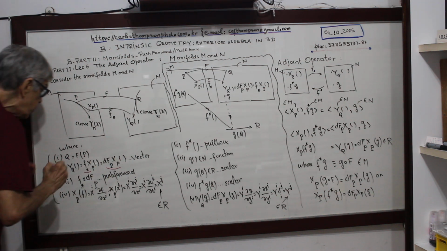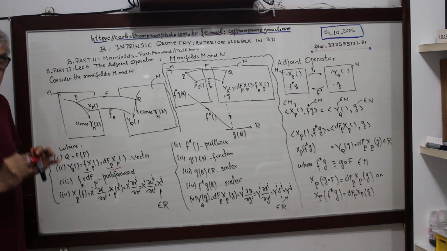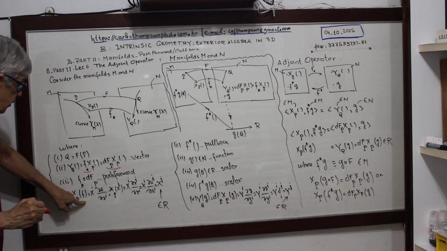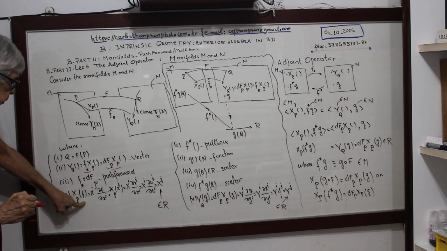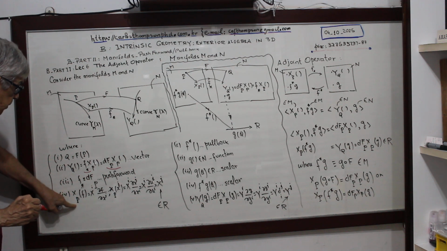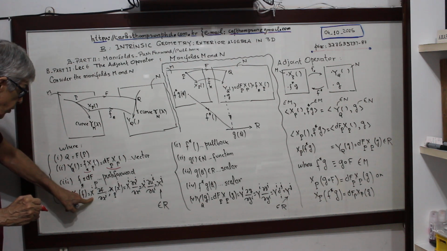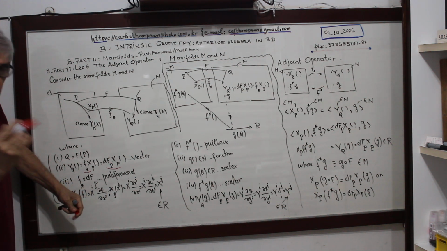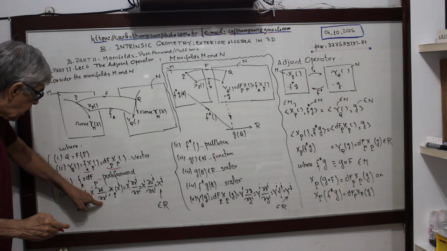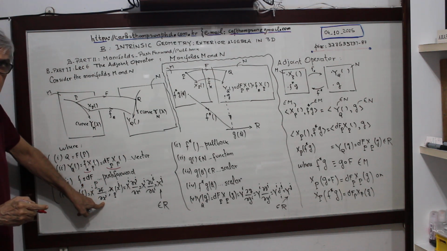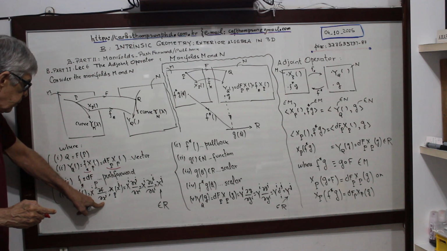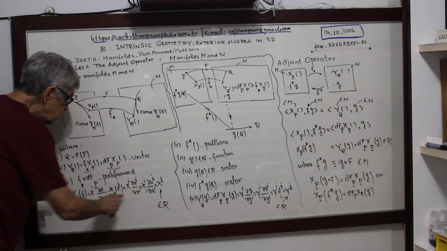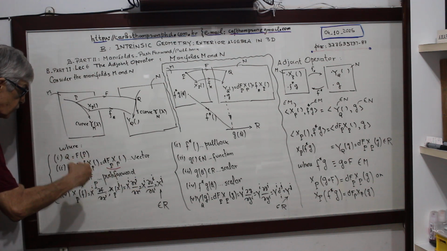Now, a very, very important property. This vector acting on a scalar function f, you see, these are the components of this vector, and this partial xi is the basis of the vector space, acting on f. We already derived this in previous lectures.